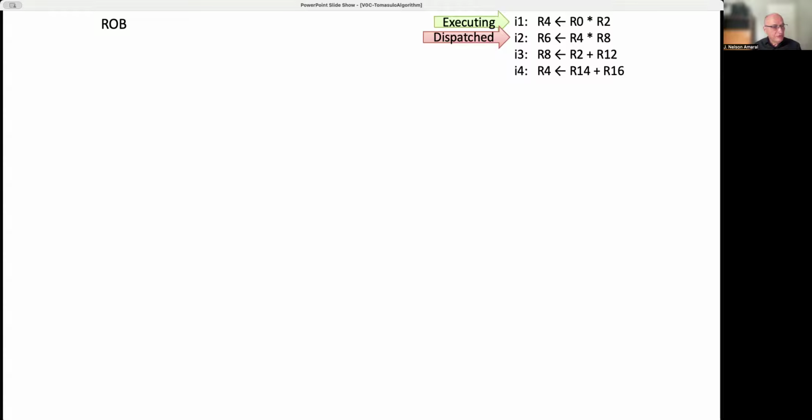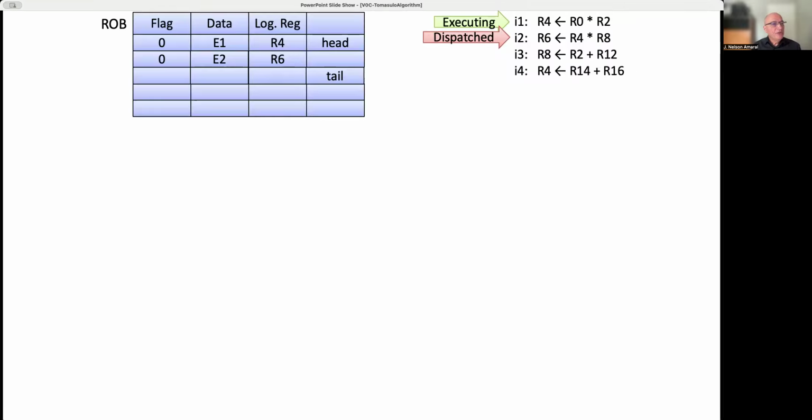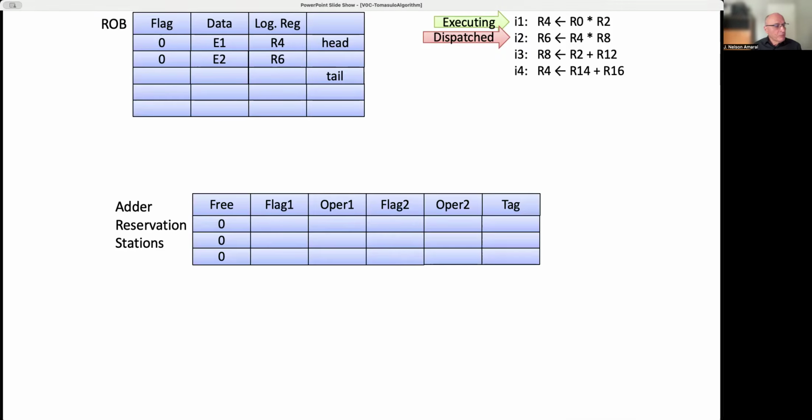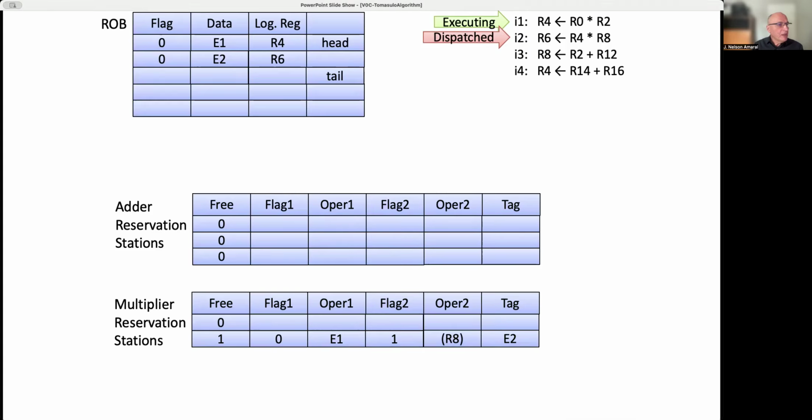Let's consider that I am at a time when instruction I1 is executing and instruction I2 has been dispatched. So the head of the reorder buffer contains instruction 1, and the entry right below contains instruction 2. Here's my adder reservation station, and here is my multiplier reservation station.